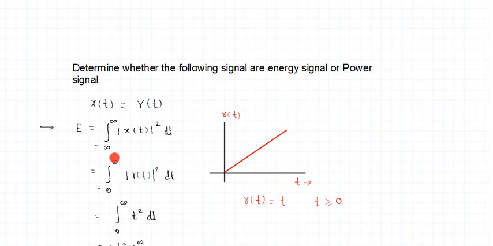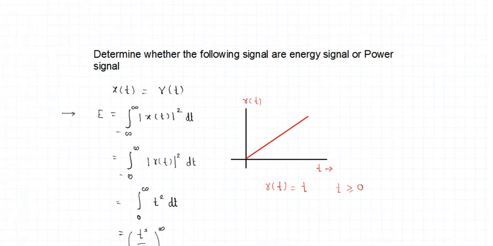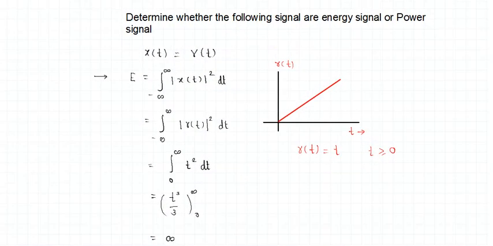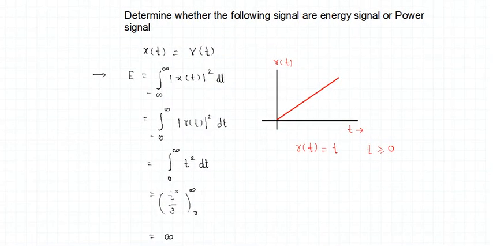Since this is a CT signal, we write the energy equation as the integral from minus infinity to plus infinity of mod of x(t) square dt. We'll replace x(t) by the given ramp signal, so the equation is mod of r(t) square dt. Now what is the equation of a ramp signal?